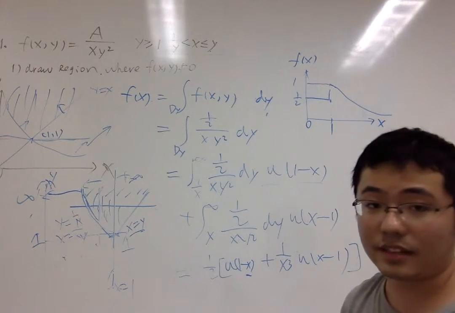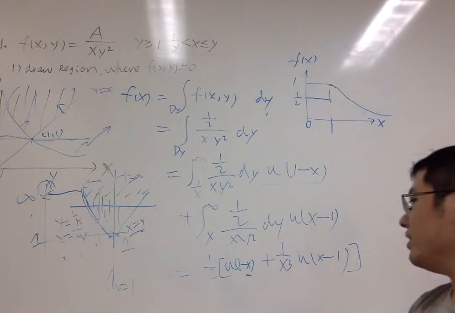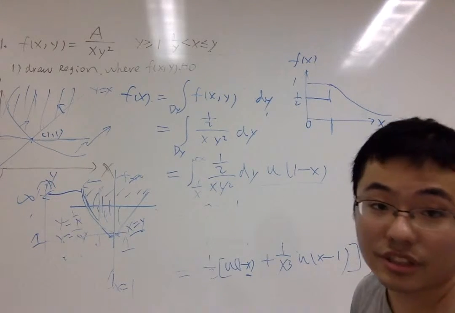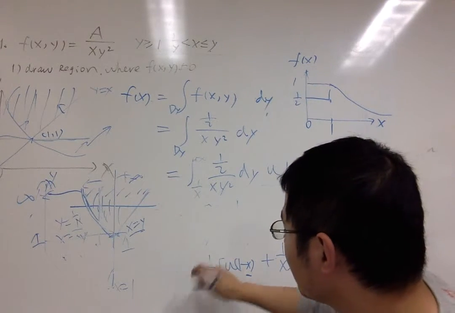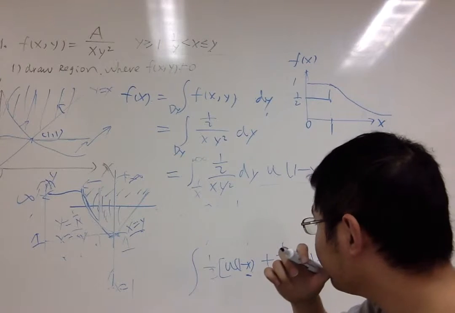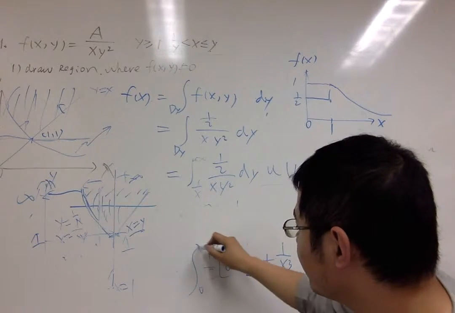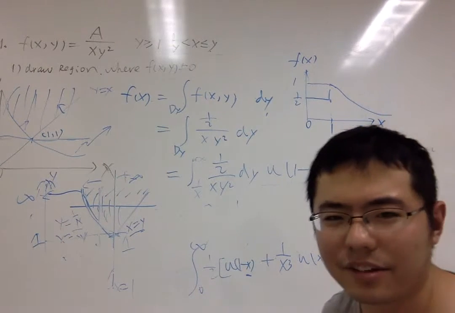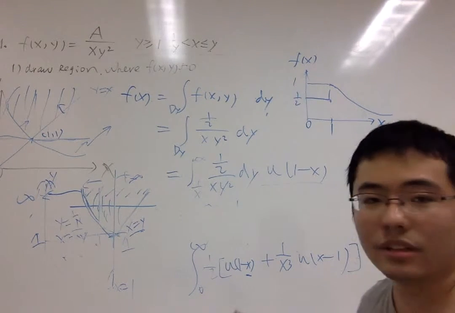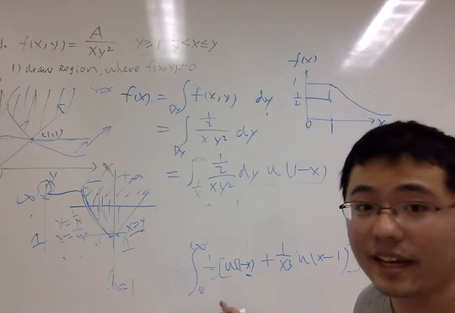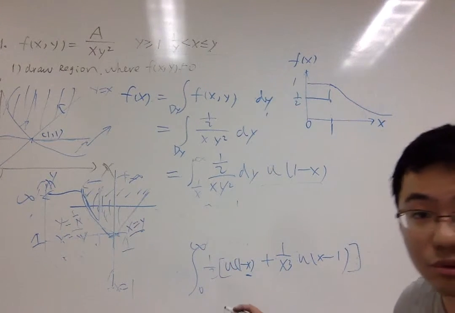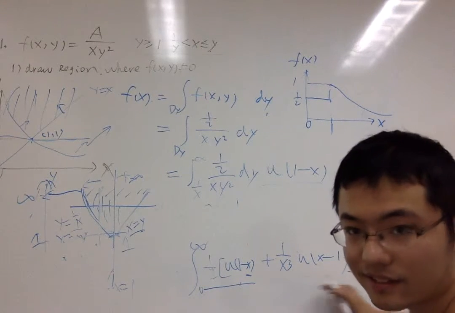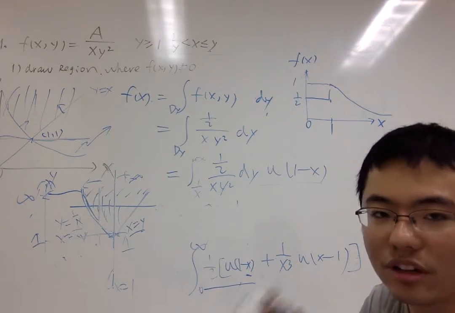As for the proof of its validity, we could just do the integration here. Just integrate this from 0 to infinity. Simply speaking, we could divide the calculation into two parts: from 0 to 1, in which case this holds 1 and this is 0, and from 1 to infinity.